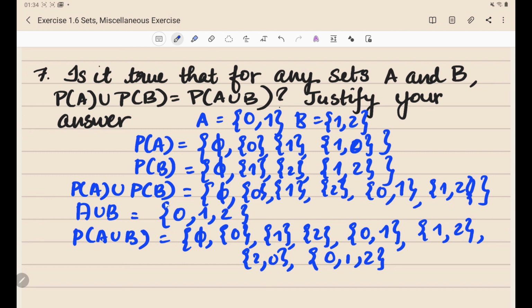By seeing this, you can see that P of A union P of B has fewer elements compared to P of A union B, and they are not equal. Hence we have proved through example that P of A union P of B is not equal to P of A union B. I hope this question is clear.